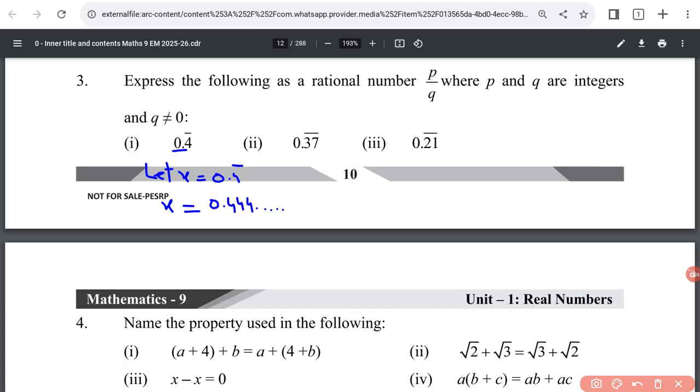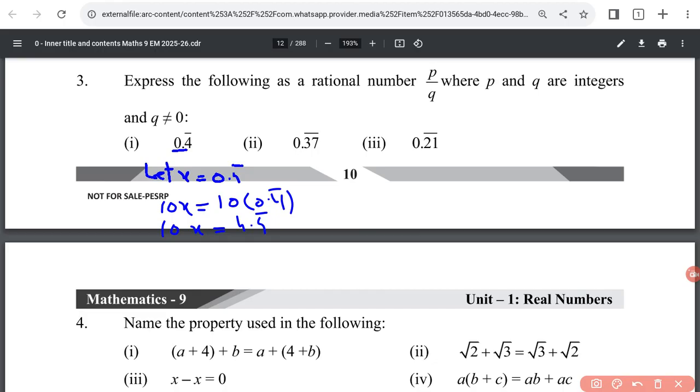We can do it by another method also, so we don't need to write this step. We multiply both sides by 10, so it will become 10x equal to 10 into 0.4 bar, so 10x equal to 4.4 bar.